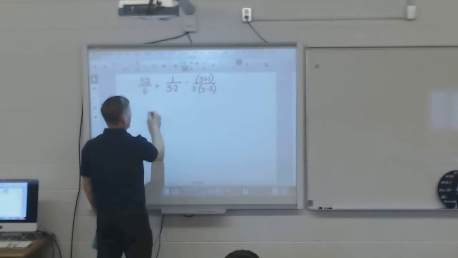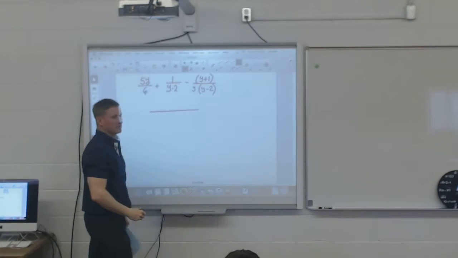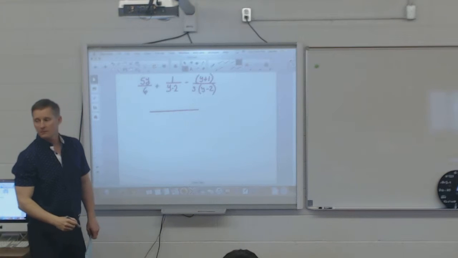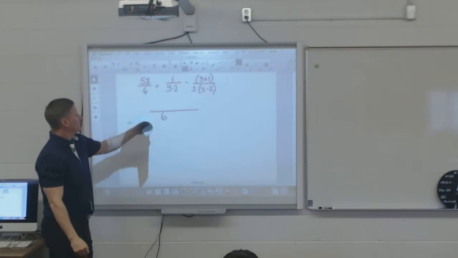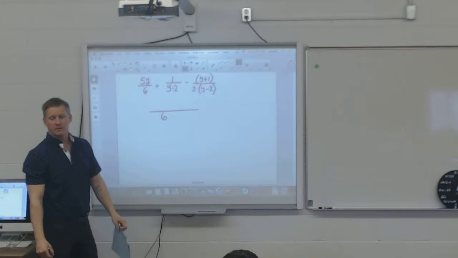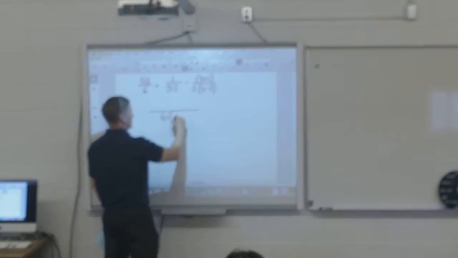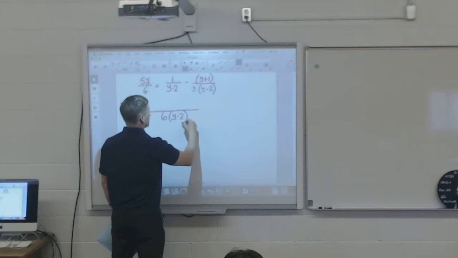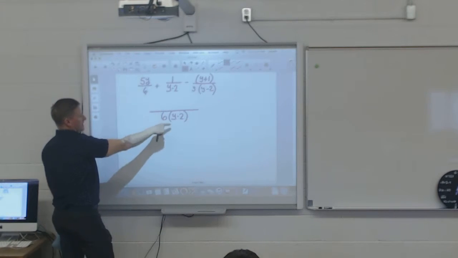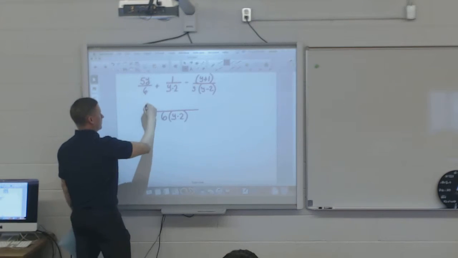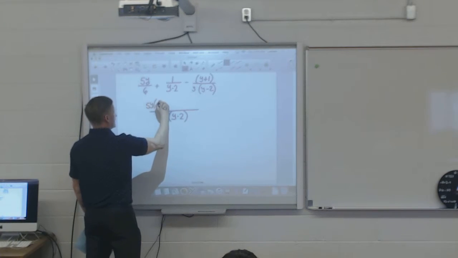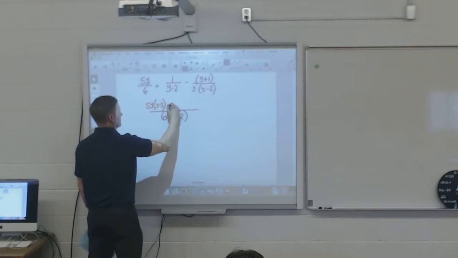First things first, what do both 3 and 6 go into? 6. There's one part of the denominator. What's the other thing I have for my denominator? Y minus 2. Great. So let's get started. What do I times 6 by to get 6 times y minus 2? Y minus 2. So I have 5y times y minus 2.